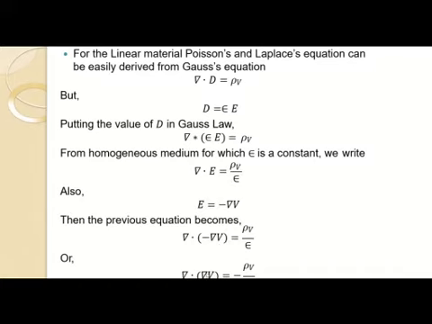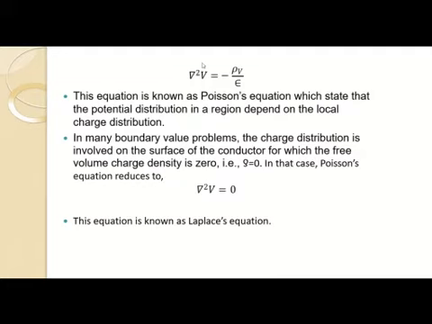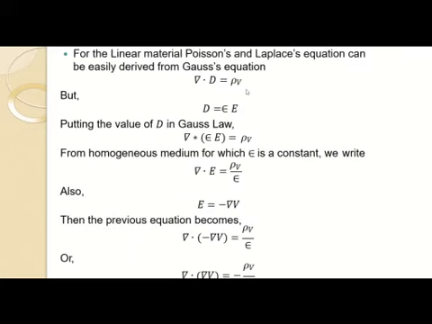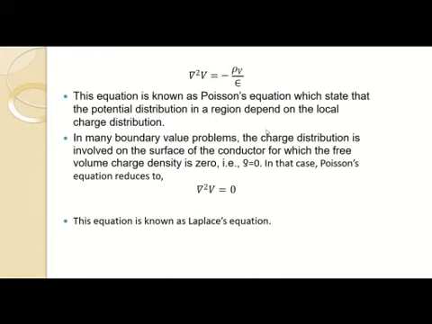So finally we can write nabla dot nabla V equal to minus rho V by epsilon, so nabla square V equal to minus rho V by epsilon. This equation is known as Poisson's equation, which states that the potential distribution in a region depends on the local charge distribution.